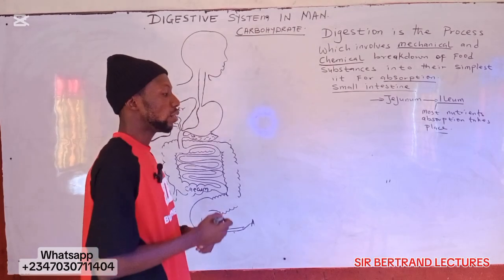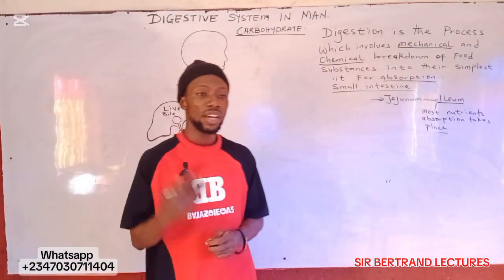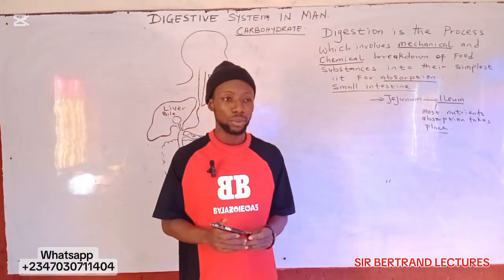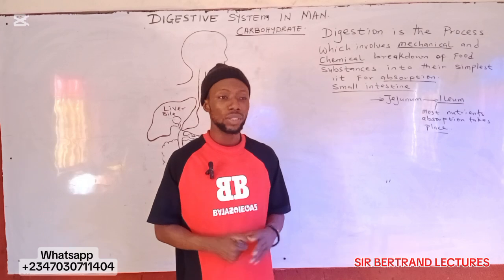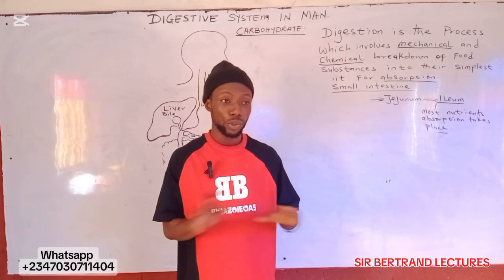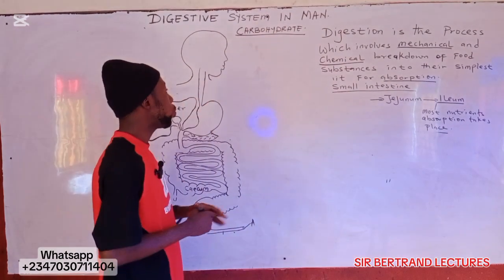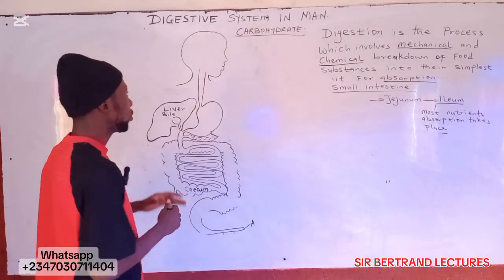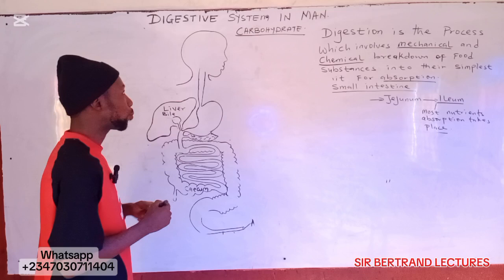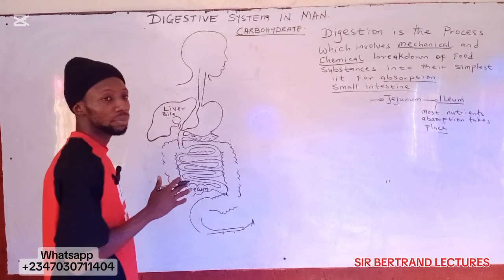And here, just as I discussed before, every mechanical digestion starts in the mouth. But here, we are going to look at the chemical digestion only. Now, carbohydrates, as we know, in the mouth, the saliva is produced by the salivary gland.